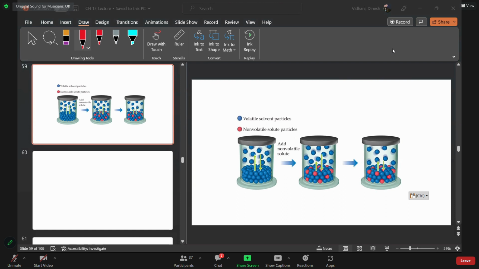Now, is there any equation which governs the vapor pressure? The answer is yes. Just give me a second. Now, that equation is Raoult's law. How many of you know what Raoult's law is? Anyone?